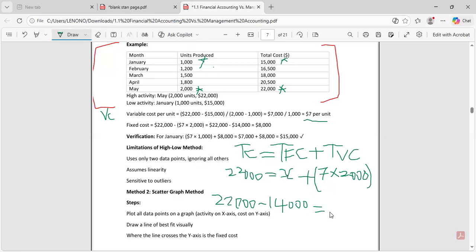So the fixed cost is 8,000 in this case.